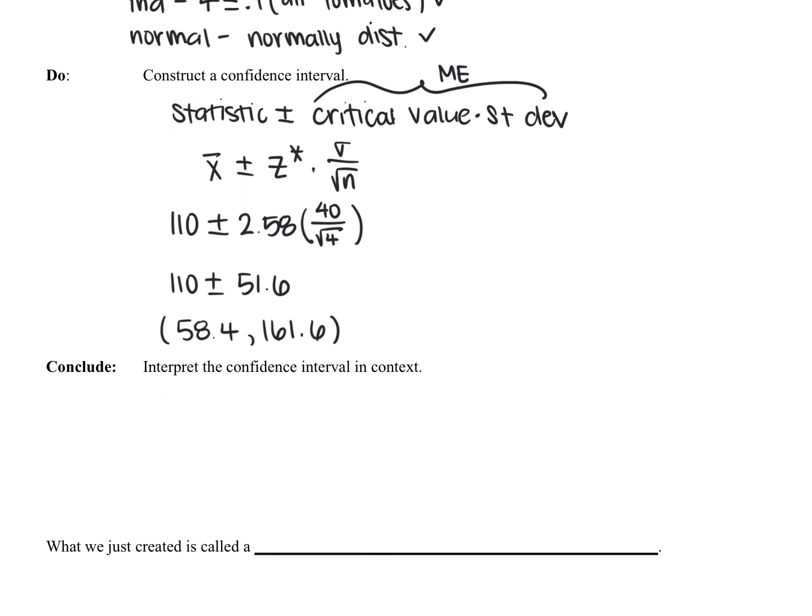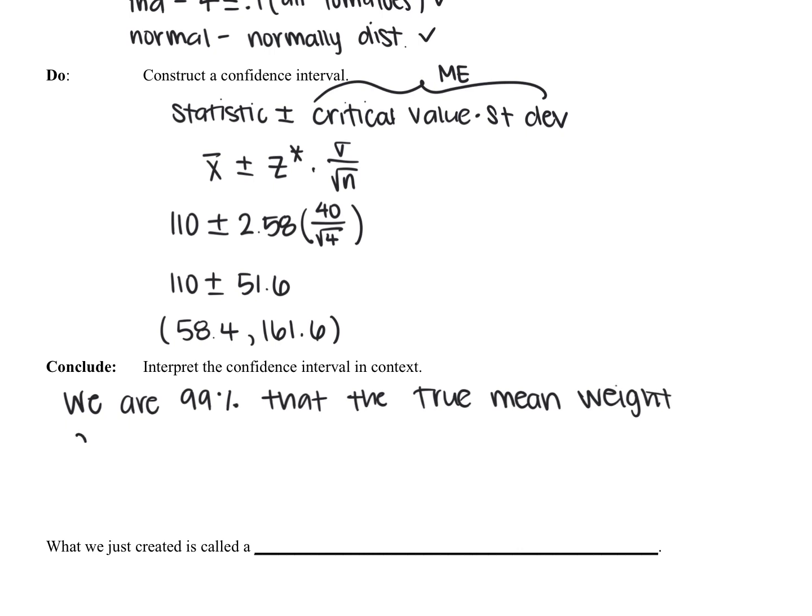And lastly, we'll do our sentence. So we are 99% confident that the true mean weight of tomatoes is between.